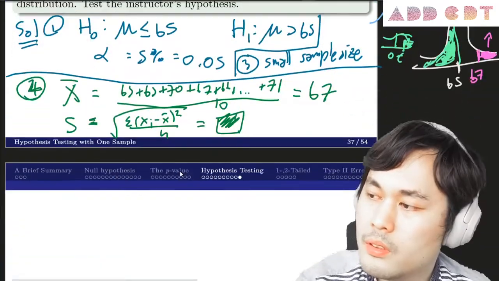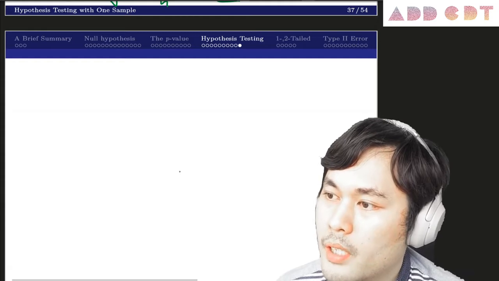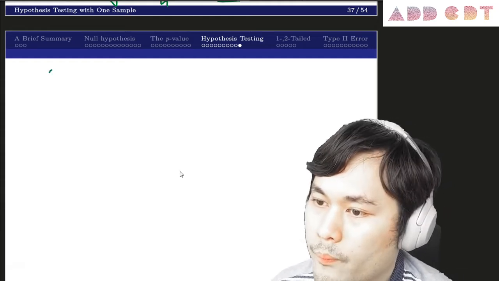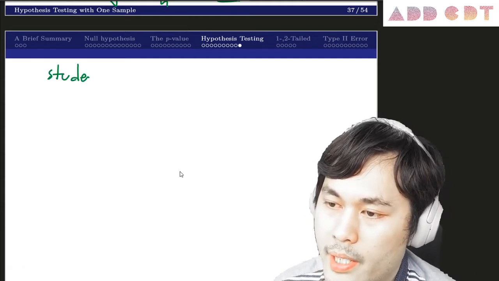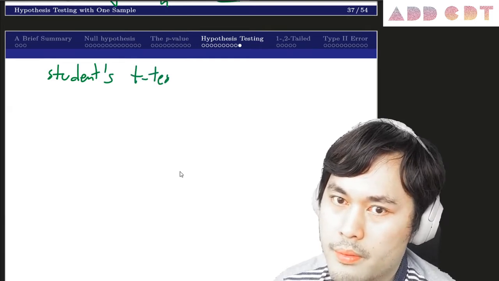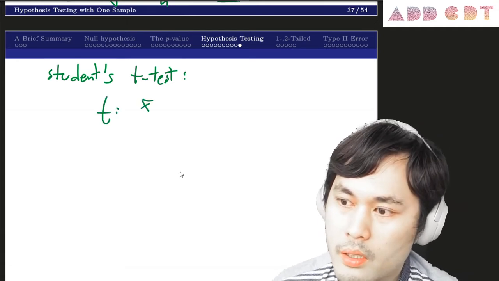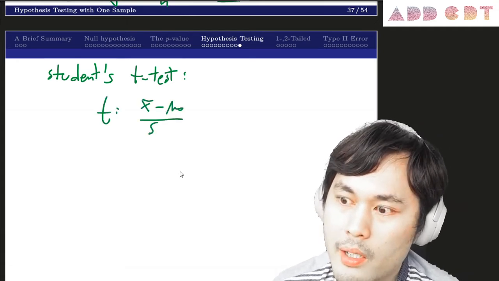So now, let's repeat that we are performing the student's t test, and that is something like that formula, whatever it is.